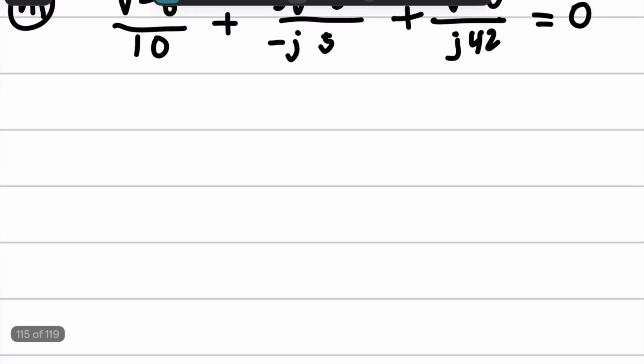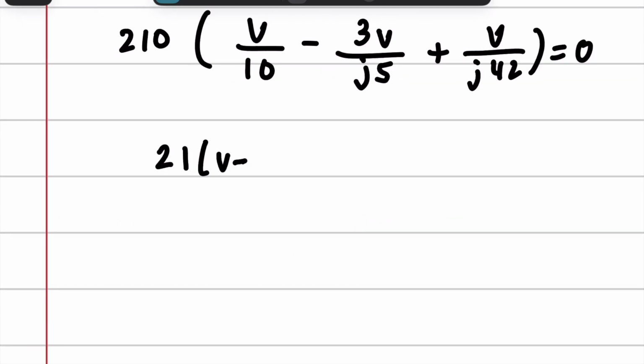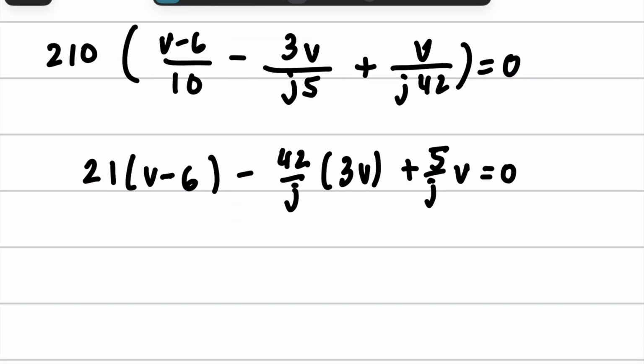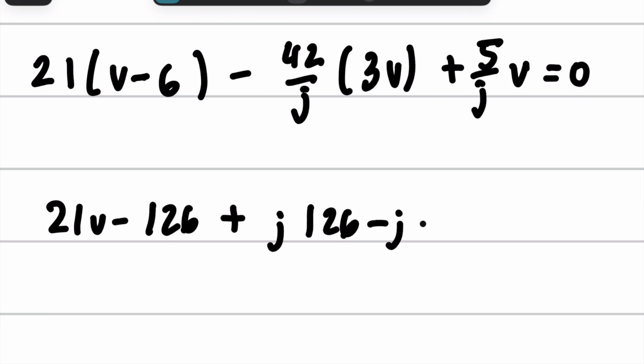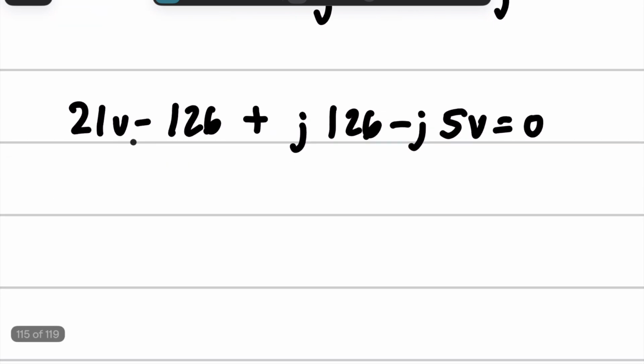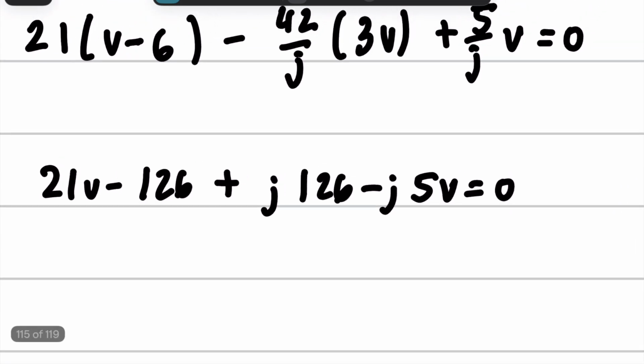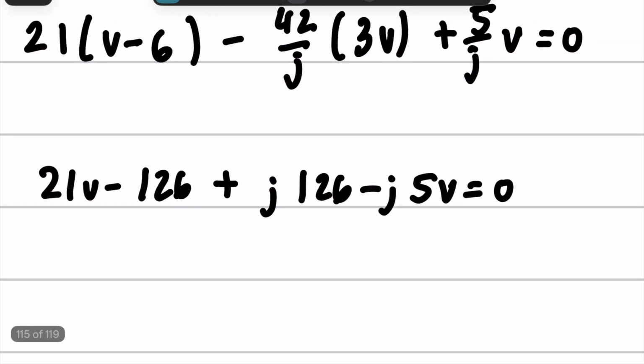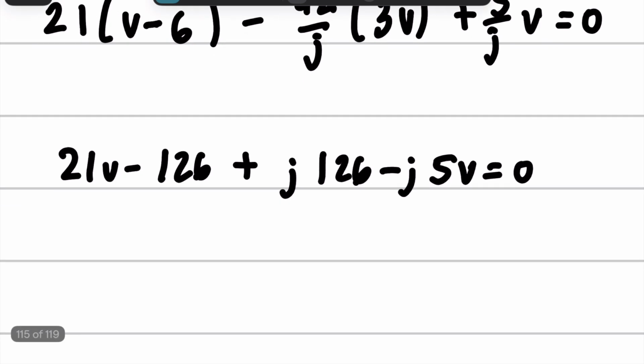So we're going to get 21v minus 126 plus j126. How I got this was I applied the 1 over j here, so it became negative j. The negatives canceled out, and same right here, it would be minus j5v.